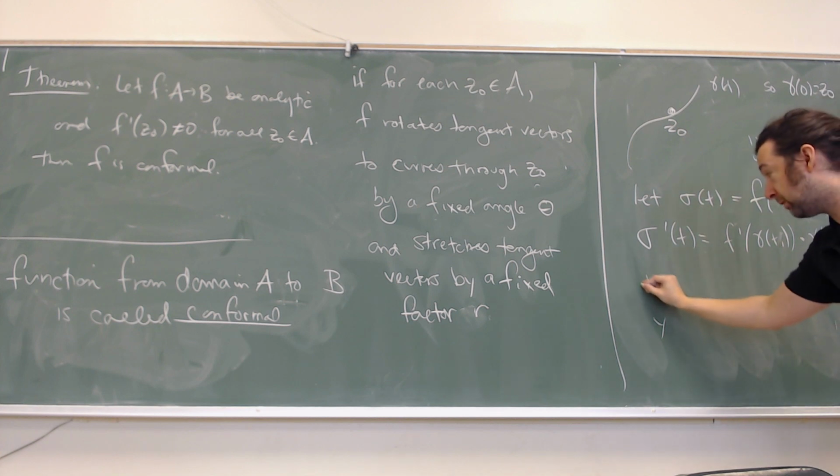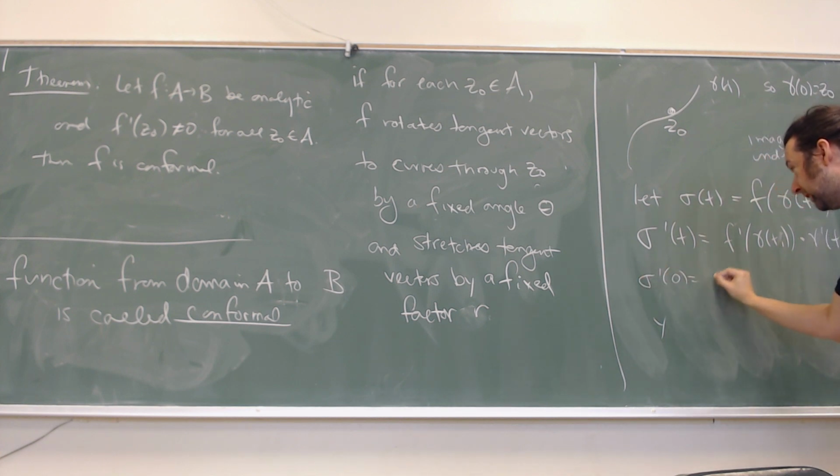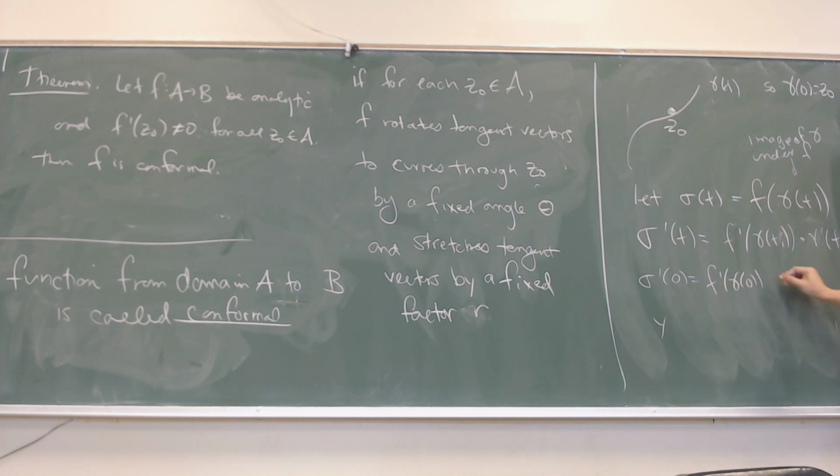Well, what's gamma prime of 0? It's f prime of gamma of 0 times gamma prime at 0. But f prime of gamma of 0 is f prime of z naught. That's fixed. It didn't matter what gamma we put in the beginning.